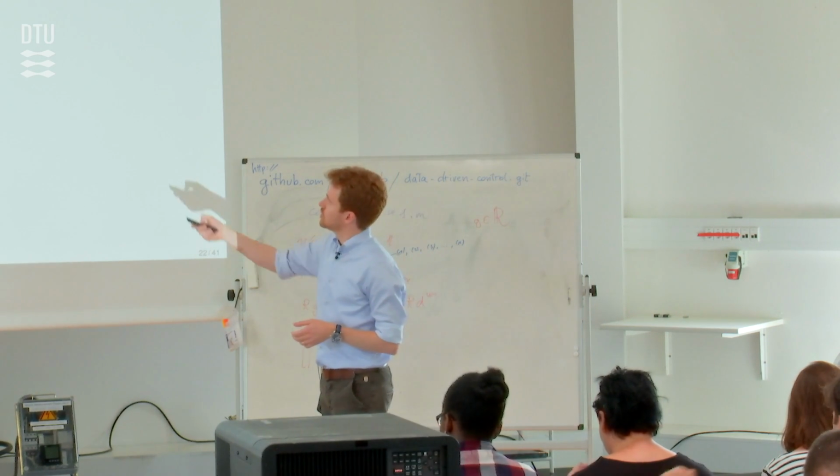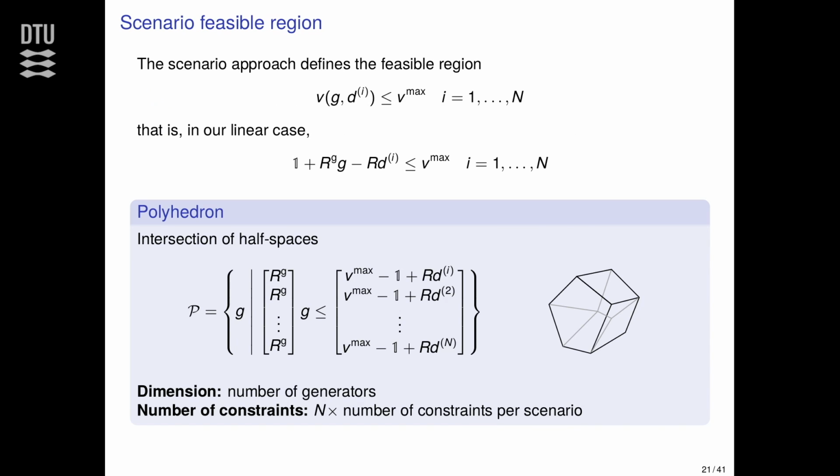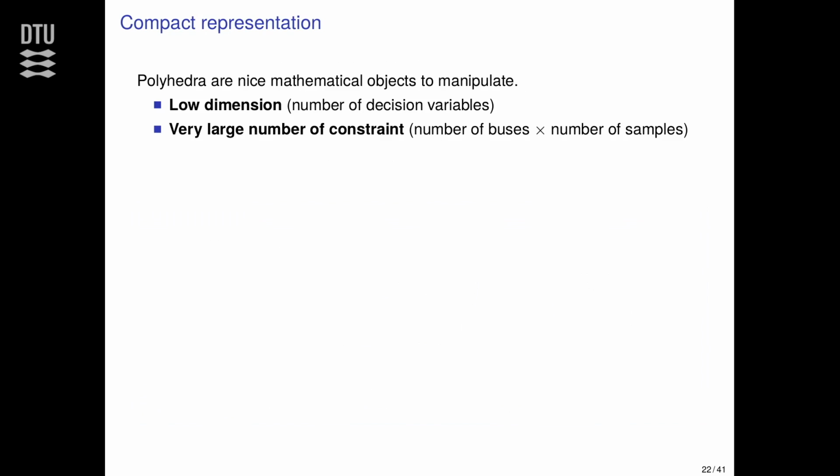Okay, so polyhedra, that's exactly what I said in words, are nice mathematical objects. They are low dimension because the dimension of the polyhedra, remember, is G. In this case, this is a scalar polyhedra in your example. And a very large number of constraints is not a problem. So I told you, you will have thousands of constraints in this problem, but in one scalar dimension.